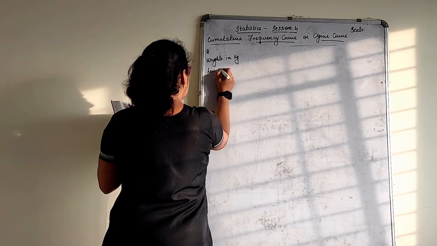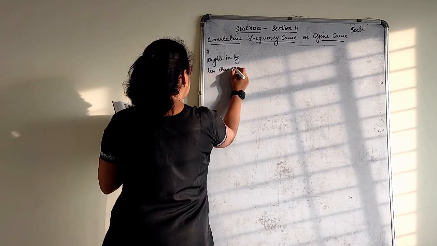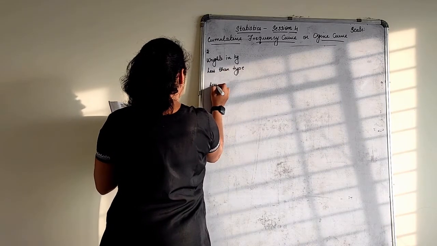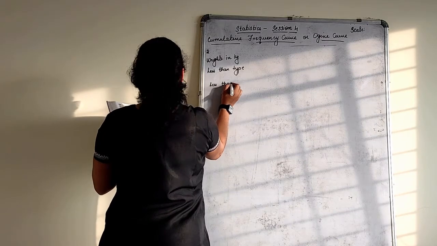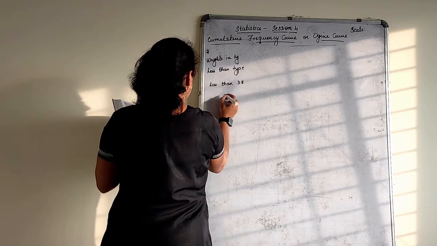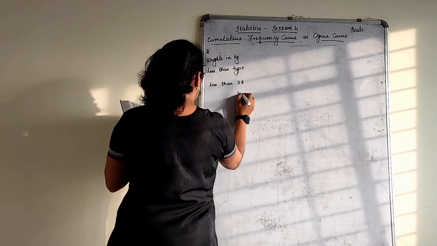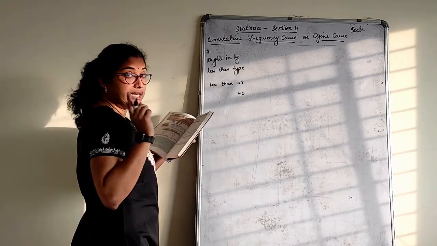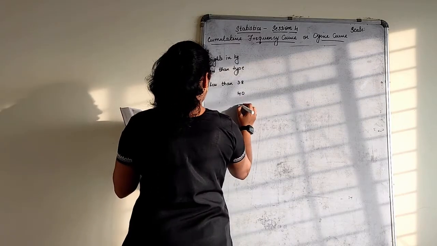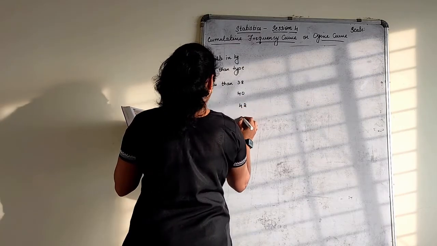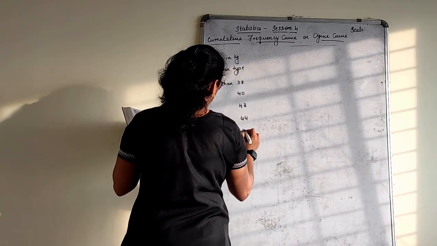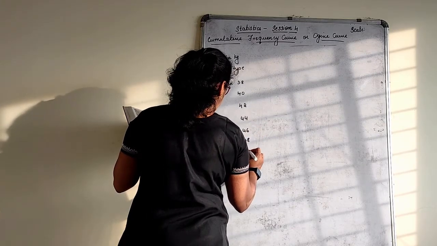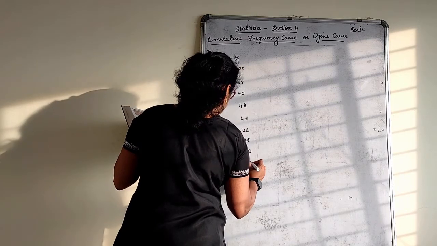I will just write here less than type, which is less than 38, less than 40. I'm just writing numbers, but children, don't do that. You have to write completely less than type. Less than 40, less than 42, 44, 46, 48, 50 and 52.